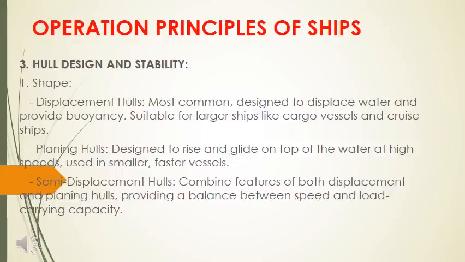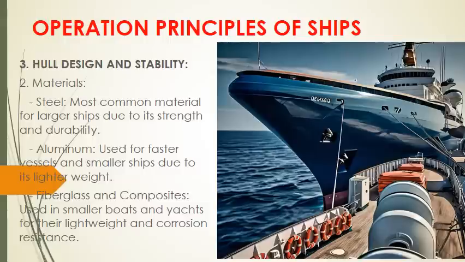Planing hulls are designed to rise and glide on top of the water at high speeds, and are used in smaller and faster vessels. Semi-displacement hulls combine features of both displacement and planing hulls, providing a balance between speed and load carrying capacity.